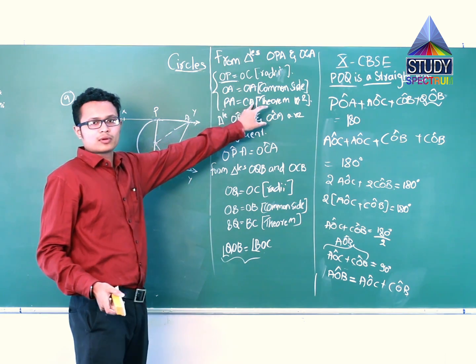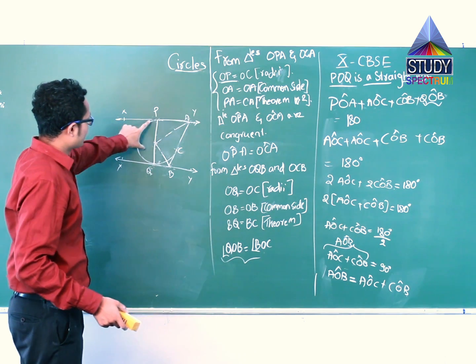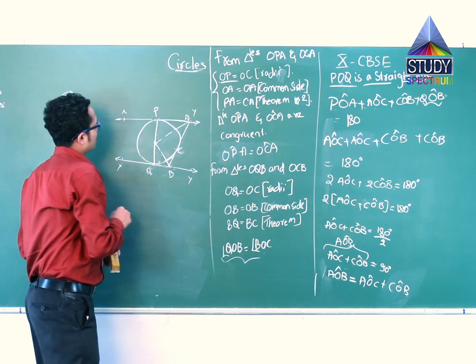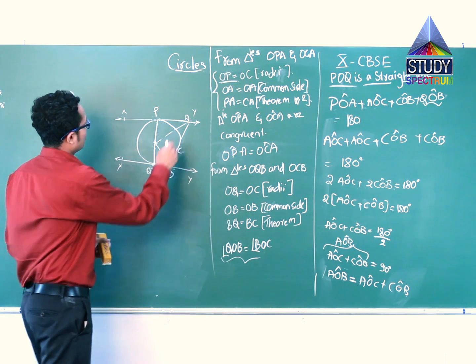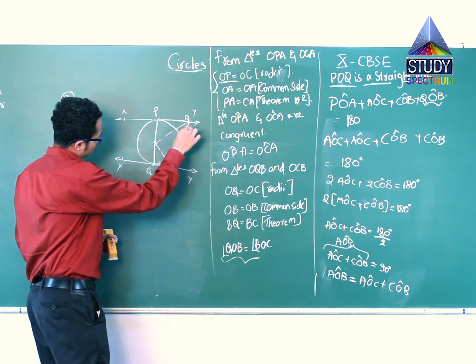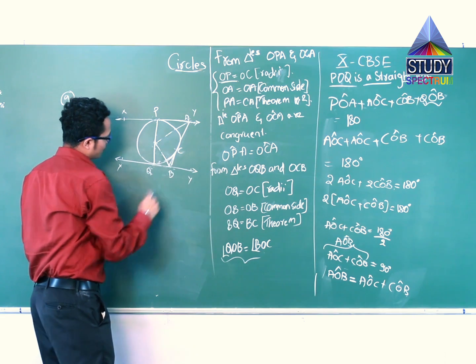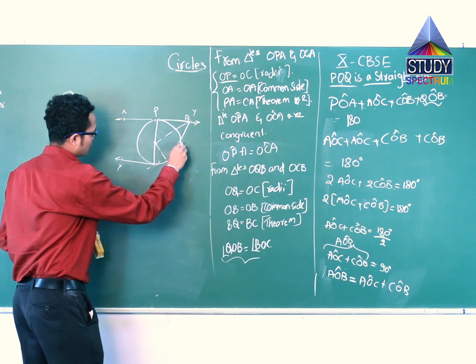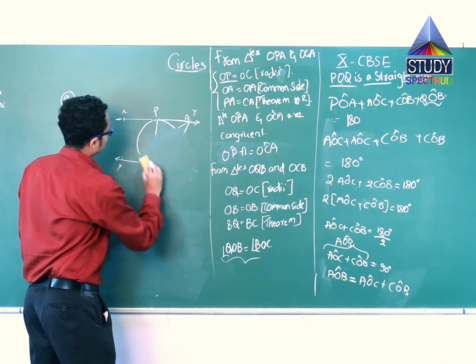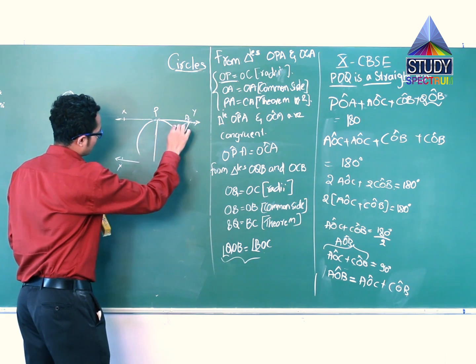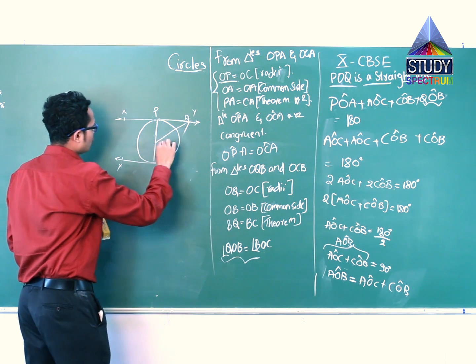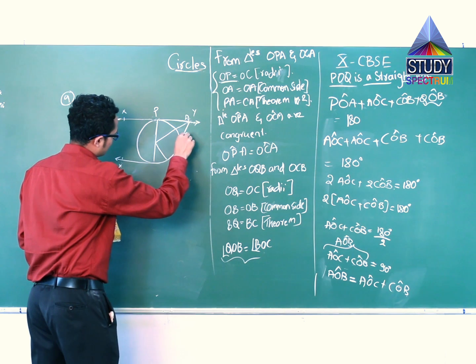This is not one particular problem, this is a general case, which means that when you have tangents drawn from external points in this fashion, numerical questions may be asked.